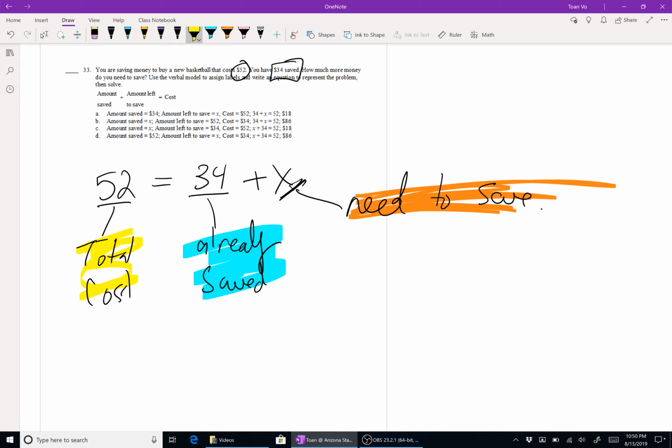Where does it say that? Cost is 52 right here. $34 was already saved. Where does it say that? Amount saved is $34. Need to save is X. Where does that say that? Amount to save is X. So even if you didn't know how to solve it by process of elimination, the choice is A, because that's where all the information is.